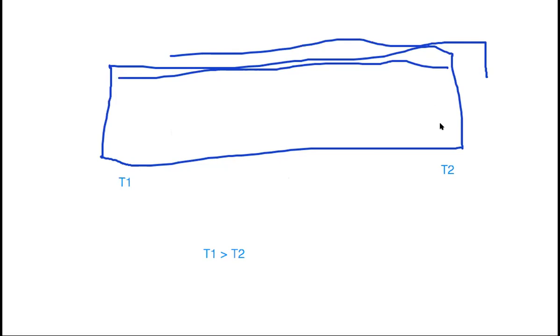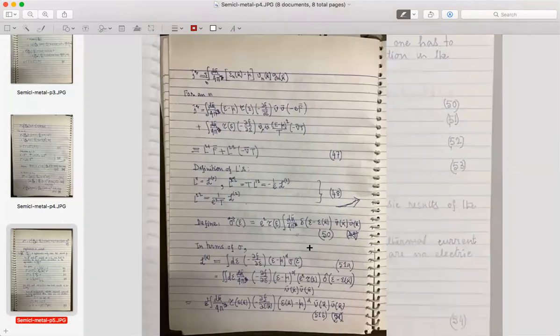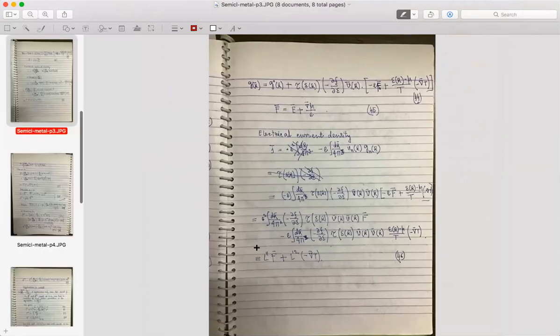So in that steady state, we have to look at the system. So the charge current is 0. So what was our expression for charge current? Here.